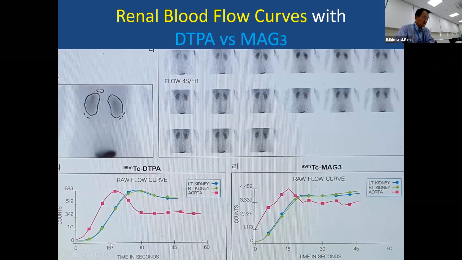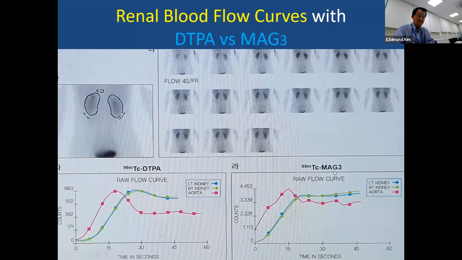So the DTPA is supposed to show, from the aorta outline, a good peak and down, and that's a good injection. Now, with DTPA, flow goes up to the kidney maximally in 30 seconds and then washes out.